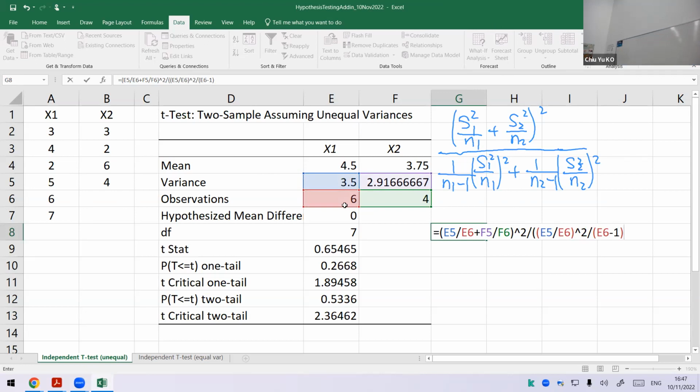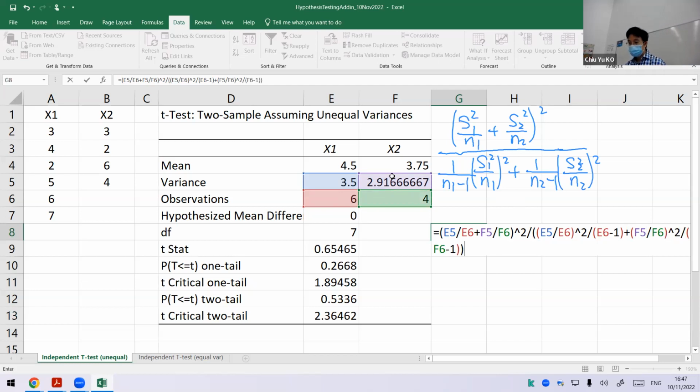Okay, is that okay? This is for the first entry for the denominator. And then I add the second entry, s2 square over n2, and square it, and then over n2 minus 1.